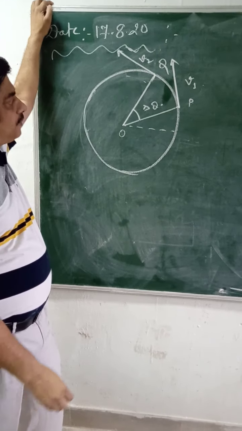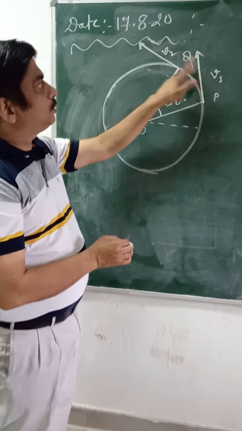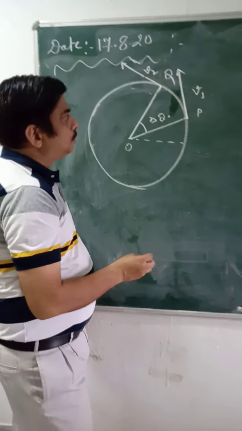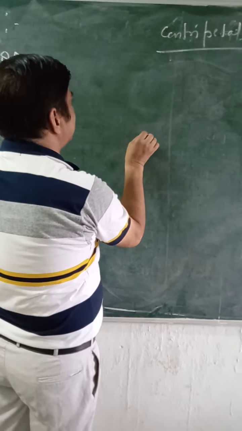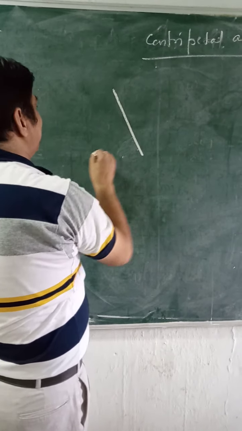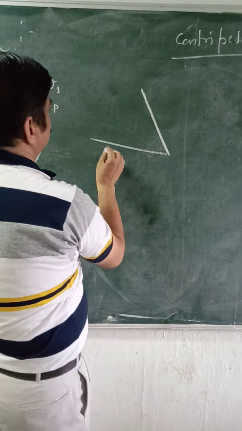After that, V1 and V2 are two vector quantities. So we draw a vector parallel to V1 and another parallel to V2.